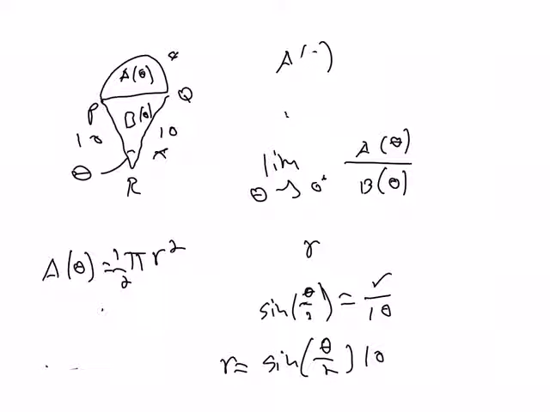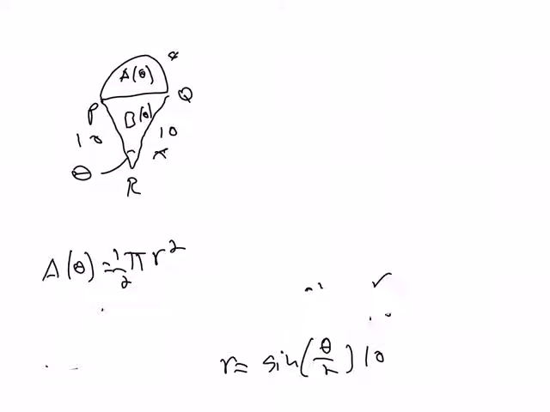So now let's just erase some of this. Let's just rewrite what we're looking for. Again, what we're looking for is the limit as our angle goes to 0 from the right, because there is no going from the left really, of A angle over B angle.